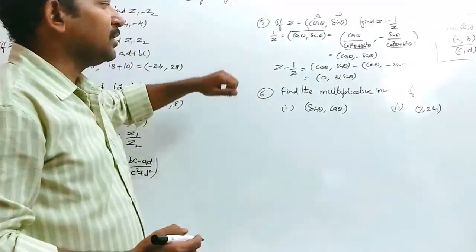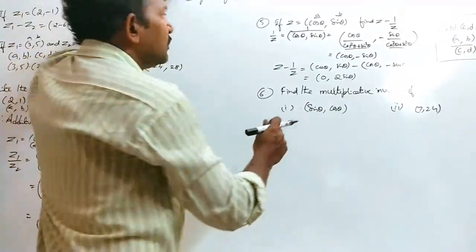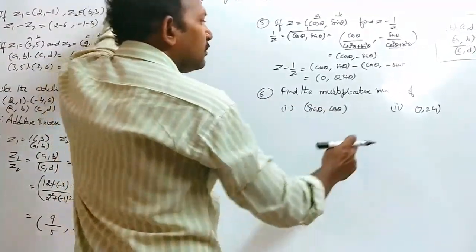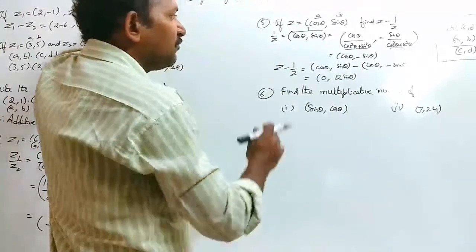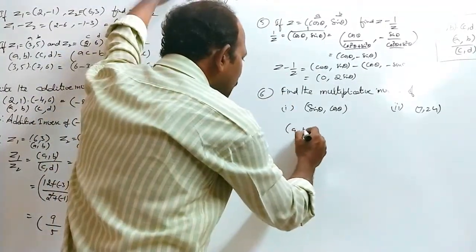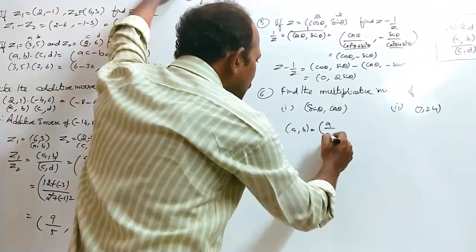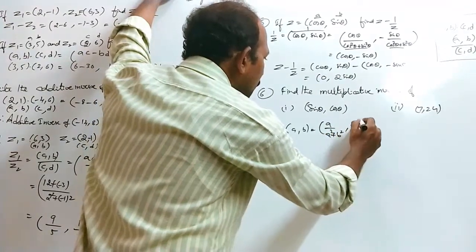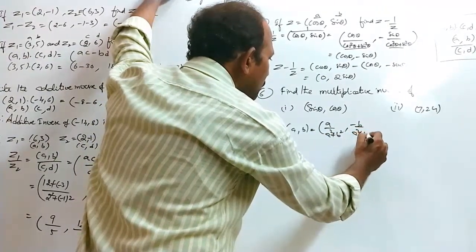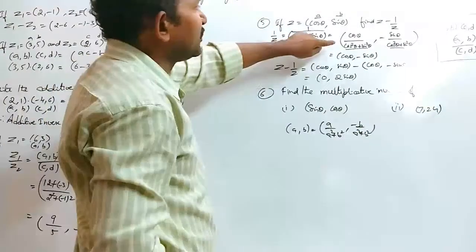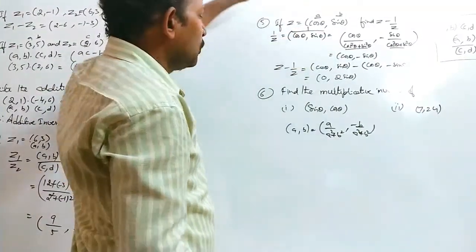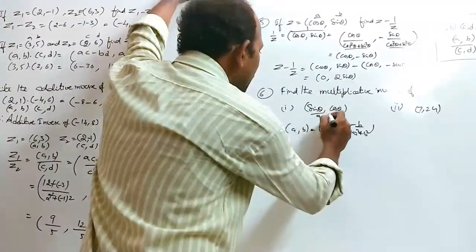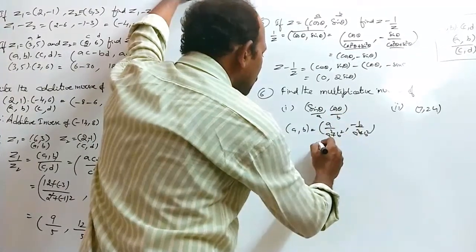Now let us find the multiplicative inverses of (sin θ, cos θ) and then (7, 24). Same formula. The multiplicative inverse of (a, b) is (a by a² + b², -b by a² + b²). We already applied this formula here. So here in place of a is sin θ and in place of b is cos θ.